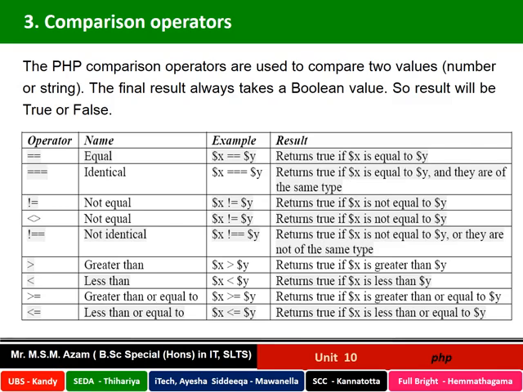Last one, less than or equal. Example, $x <= $y. It returns true if the value of x is less than or equal to $y. So these are the comparison operators found in PHP. The result of a comparison operator should always be true or false only.